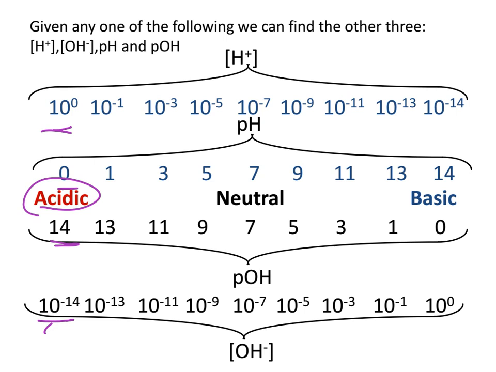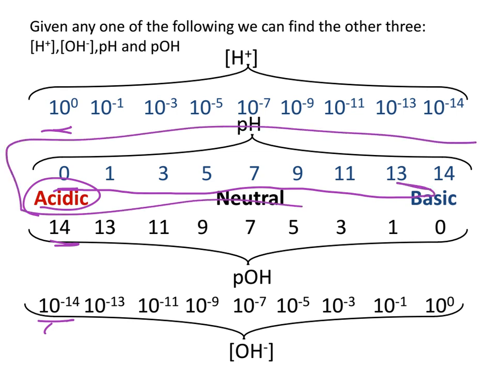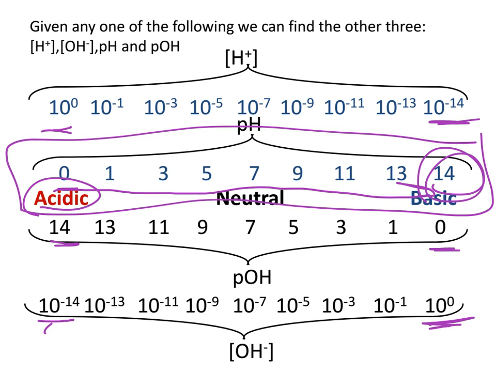Now as we start to increase the pH, hanging on to the pH scale as the basis for our acidity determination, if we go all the way up to a pH of 14, now I have very low concentrations of hydrogen ions. Makes sense because it's very basic, which would mean in turn that it has a lot of hydroxide ions and a very low pOH.